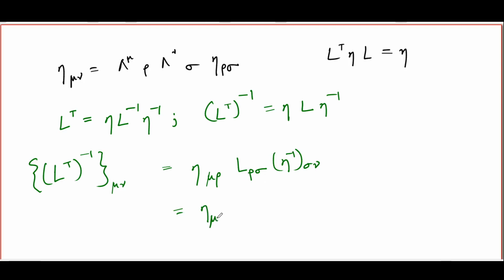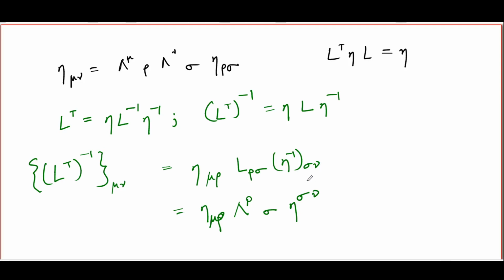Now this is η_{μρ}. L_{ρσ} is our old friend lambda upper ρ lower σ. For η^{-1}, we use a notation which is basically η with upper indices. So η^{σν} essentially is the σν-th element of η^{-1}. By the way, our η happens to be self-inverse, so η^{-1} in this case is exactly the same set of numbers as η, but this one actually talks about the inverse matrix.